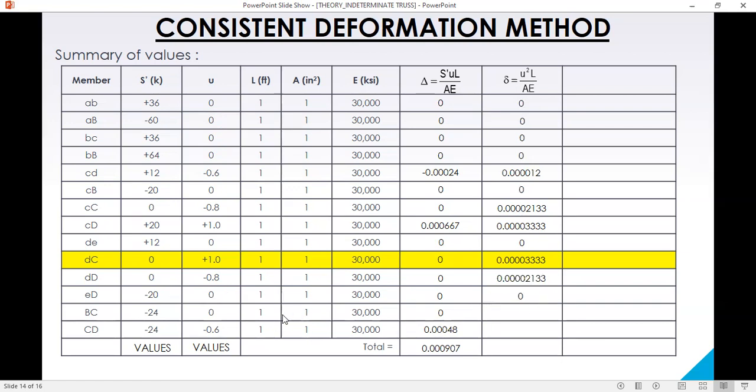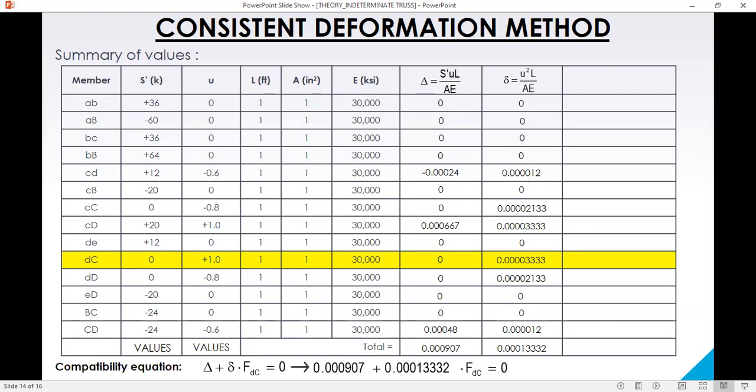U 0, 0, 0.6, same value. And add. After this, the compatibility equation. Okay, substitute.